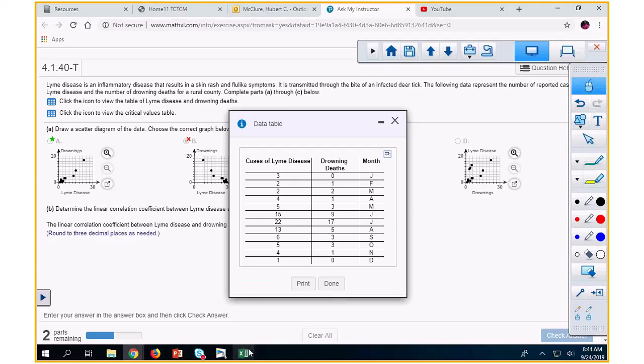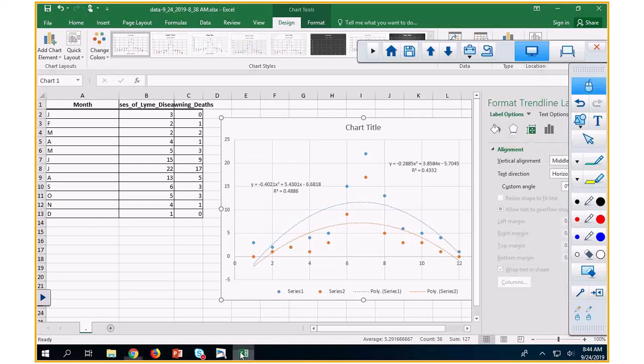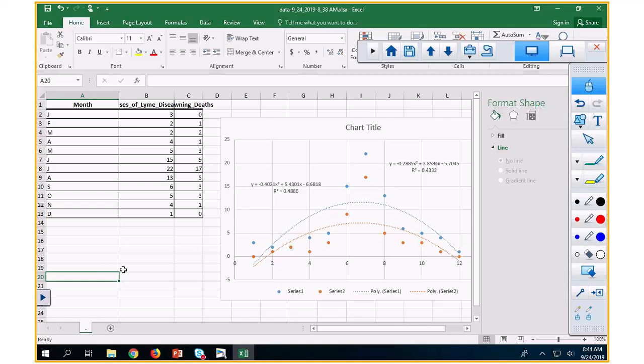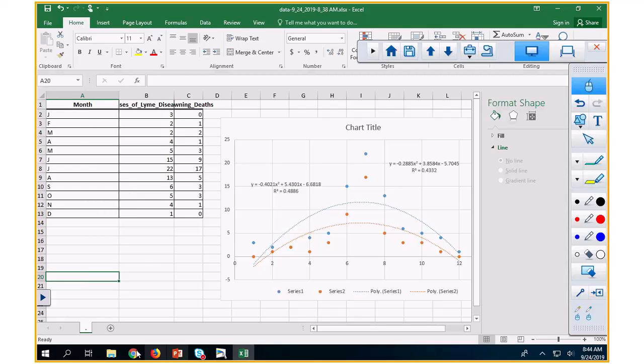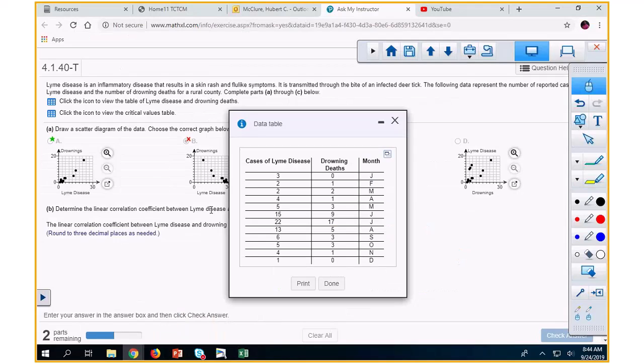And then pull up the Excel spreadsheet and bring over here and hit Control V, and it didn't work. Well, you might have to do something different on yours. It didn't copy. Wonder why it didn't copy. You might have hit Control V instead of Control C.